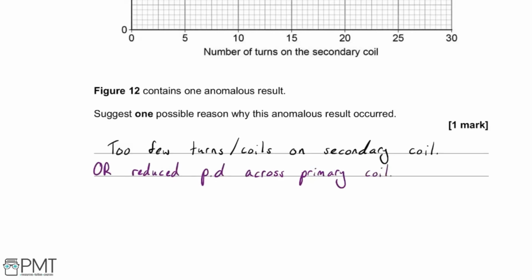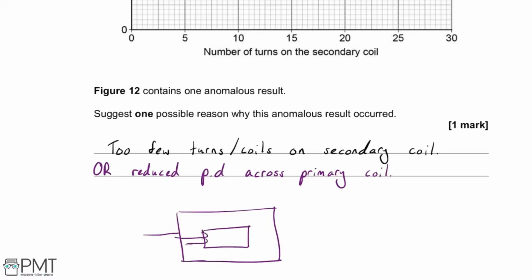And if you know about transformers, then just a quick diagram. You have a steel core, which is this shape, and you have your primary coil over here, some coils, and your secondary coil over here. And you have either more or less on one side and the other side, so primary, secondary.